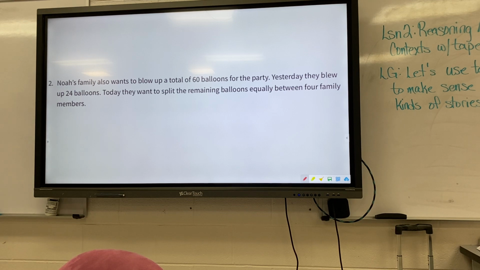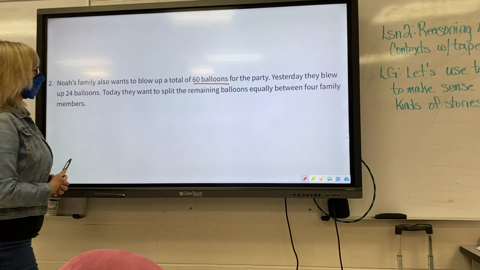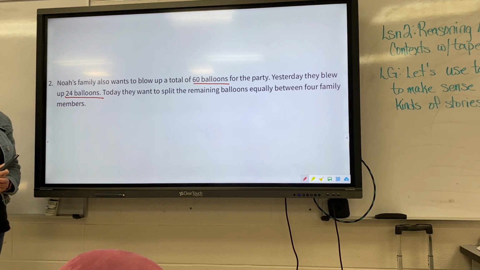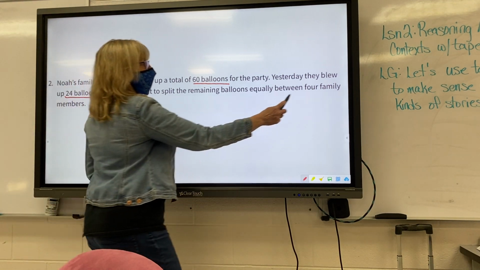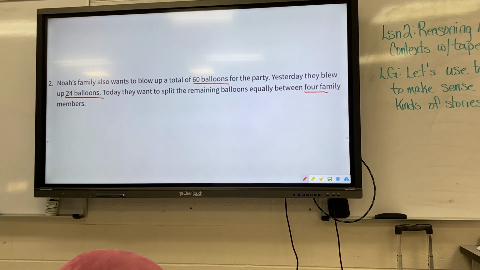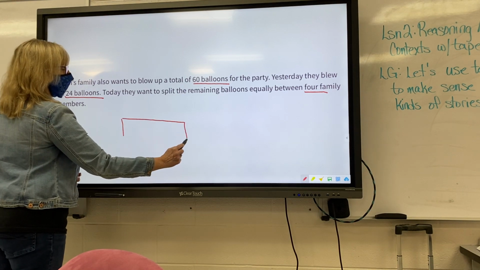What can we count or measure? 60 balloons. Yesterday they blew up 24 balloons. Today they're going to split the remaining balloons between 4 people. Okay. What's my total?